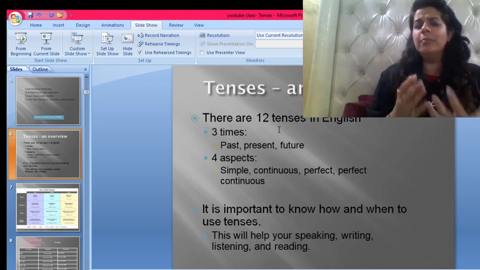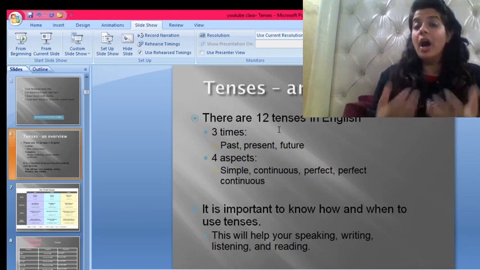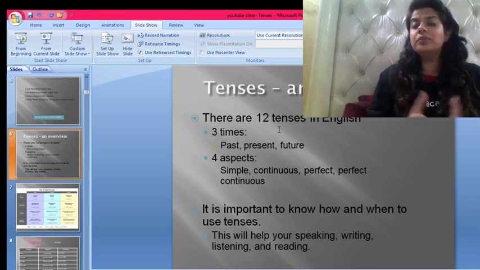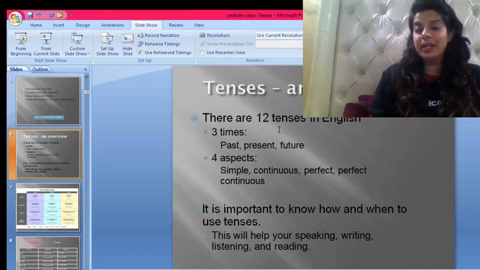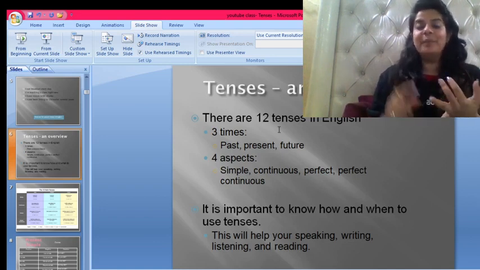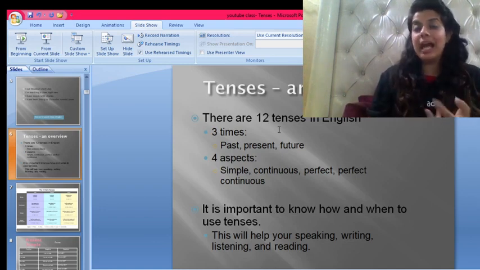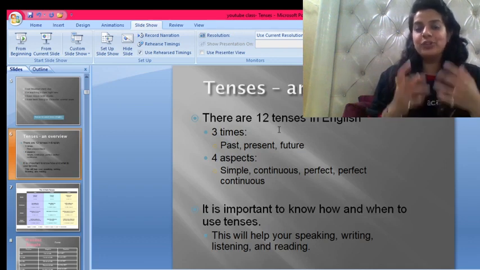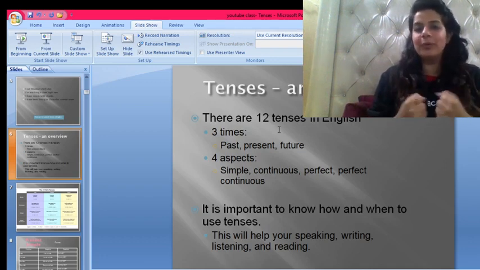So it is very important for us to know how and when to use these tenses, okay? Because if you understand that, this will help you in speaking, in writing, in listening, and in reading, right? So, this is how you'll be able to grasp all the tenses.